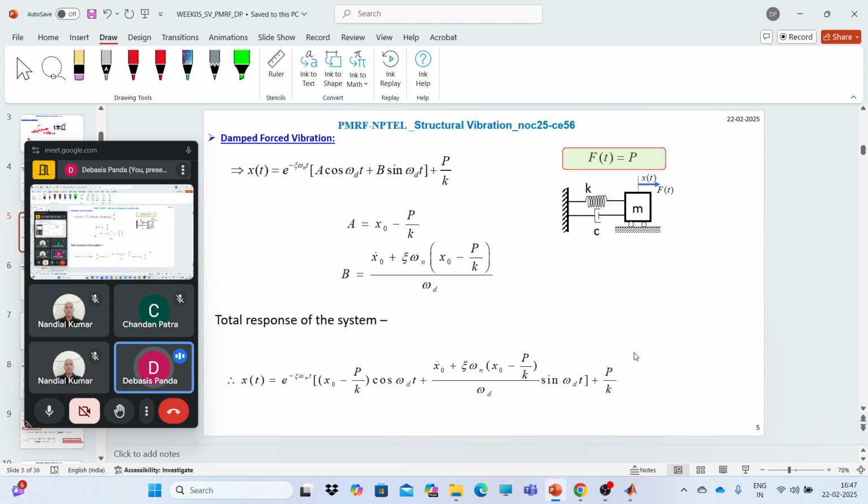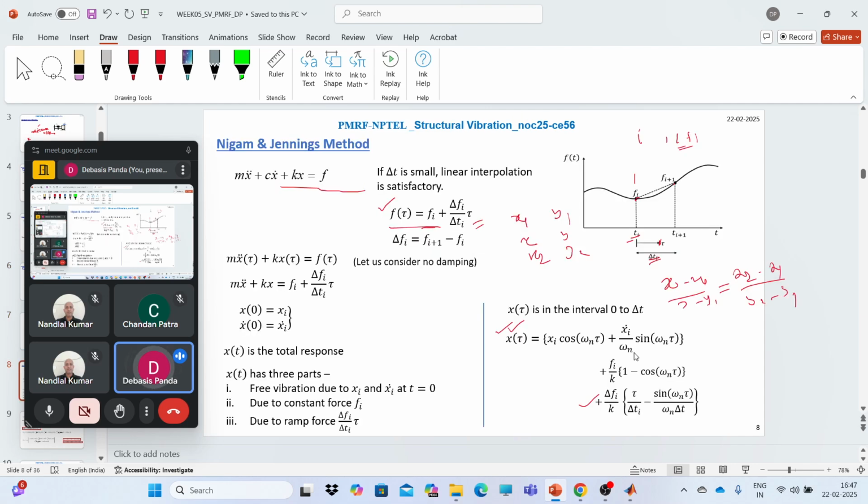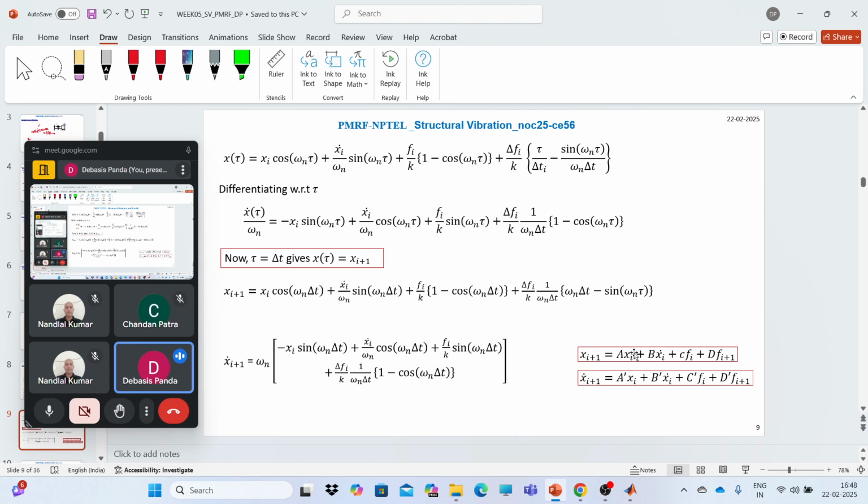So we have seen that different kinds of numerical solutions may be there. One of them is Nigam Jennings, where the force can be interpolated between 2 points. That means linear interpolation of force is possible. From here, the derivation says for xi and xi dot, we just need to calculate a, b, c, d.